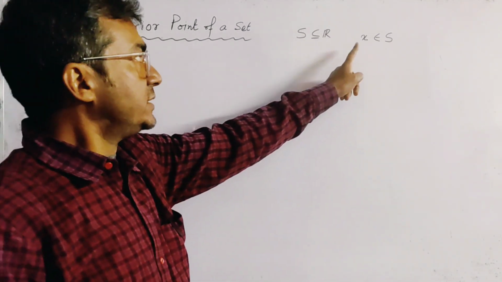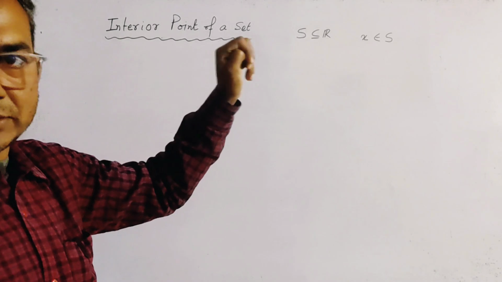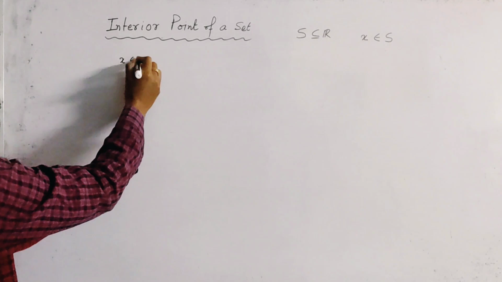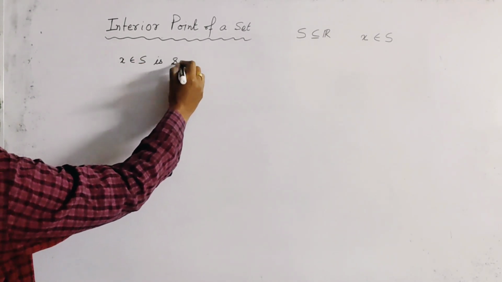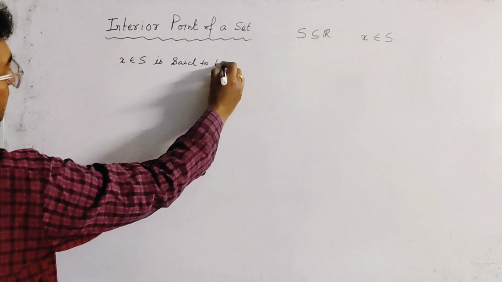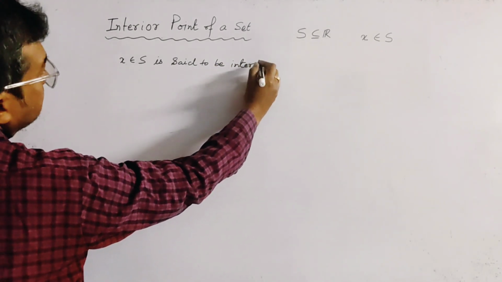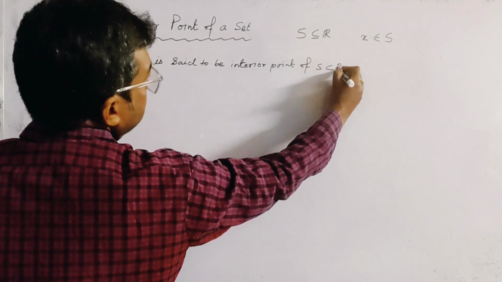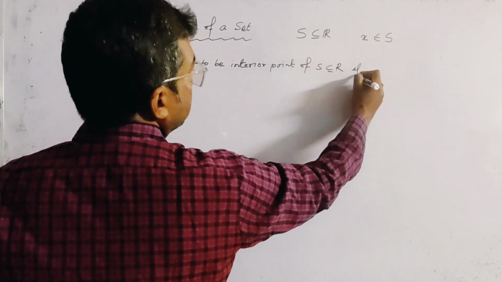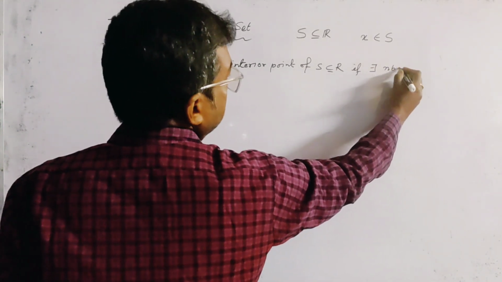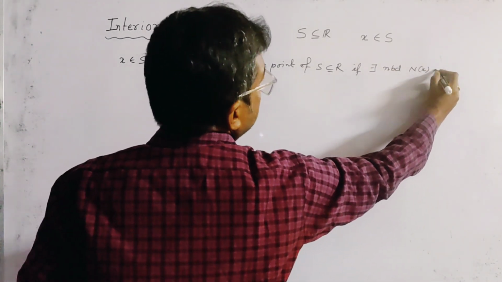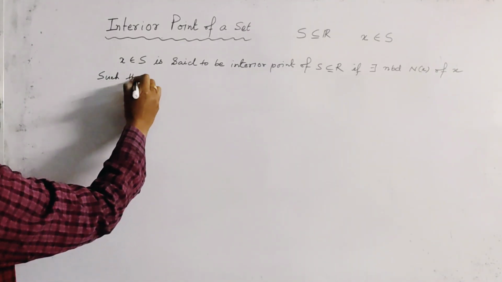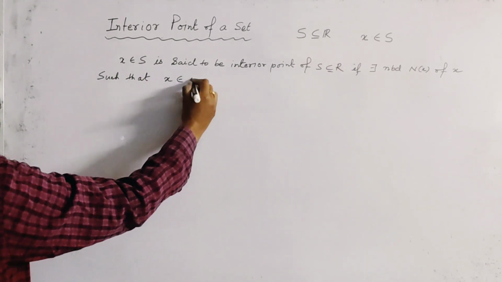Now x belonging to S is said to be an interior point of S, which is a subset of R, if there exists a neighborhood N of x such that x belongs to N(x).